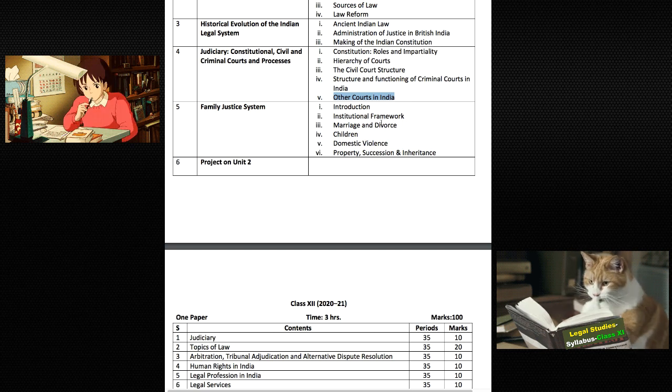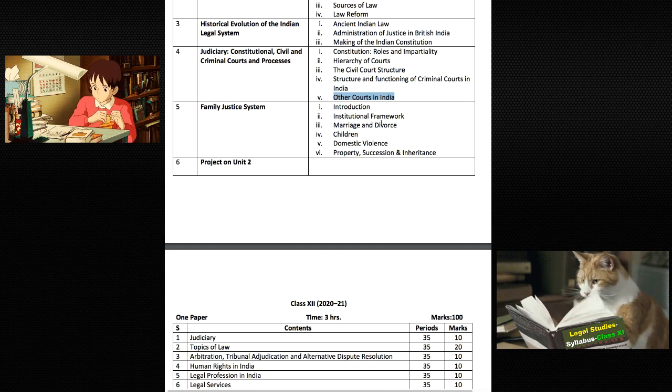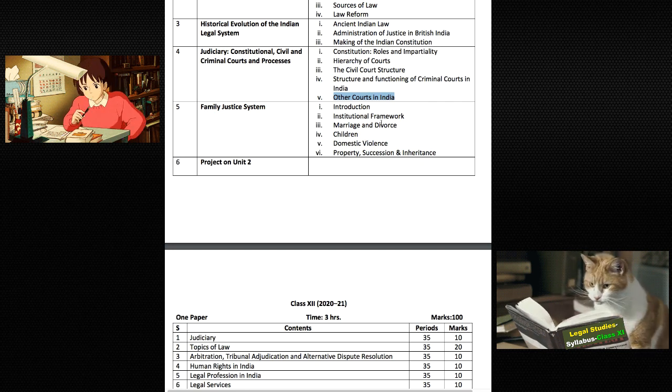What does it mean, that apart from courts, the main judiciary, other courts? It is talking about the tribunals basically. There are many tribunals, that is basically specialized quasi-judicial bodies. That is not exactly part of the judiciary, rather a quasi-judicial body that adjudicates or basically resolves disputes of civil nature essentially.